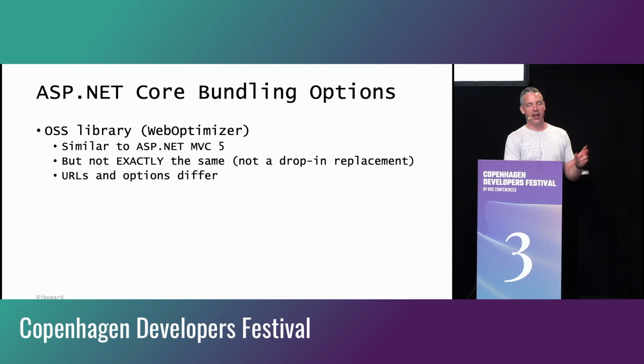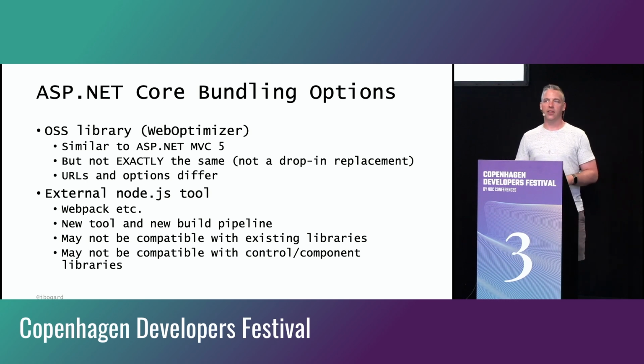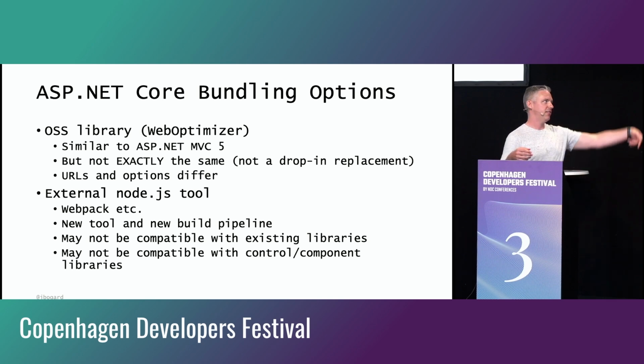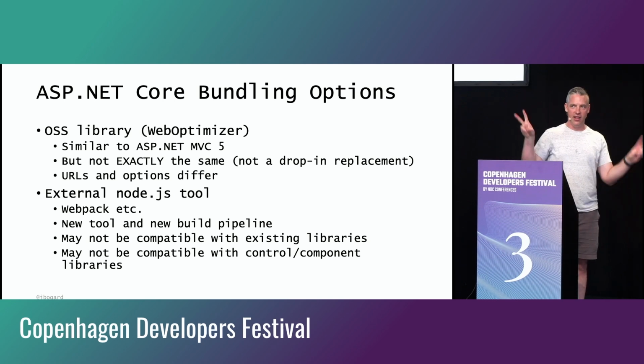Or we say, okay, let's not do this server-side bundling. Let's do what all the cool JavaScript kids do, which is use an external tool. I don't even know, Webpack, is that still a thing? I don't know if they've gone to camel.js or some other noun.js thing. But let's not use this server-side OSS library; let's use something that is the industry standard.